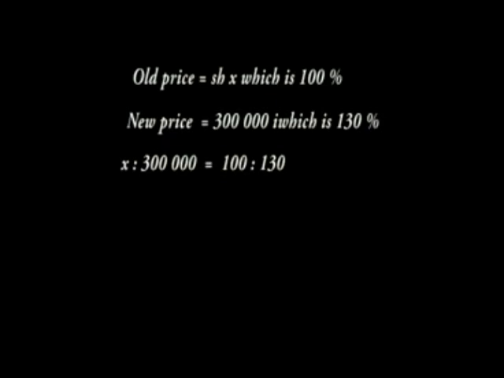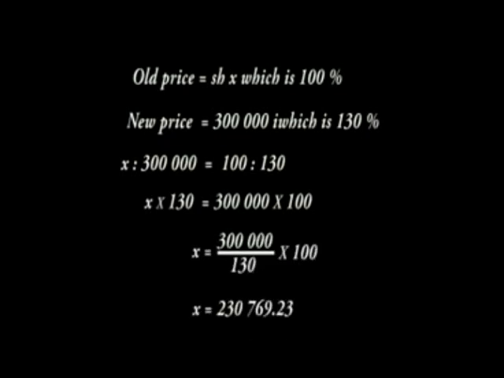Multiply the means and equate them to the extremes. So we have X times 130 is equal to 300,000 times 100, and X will be 230,769.23.